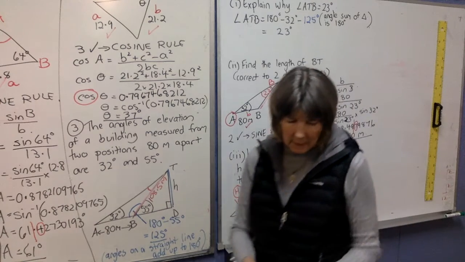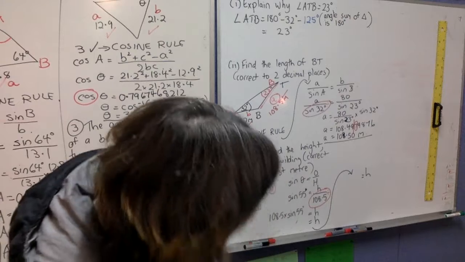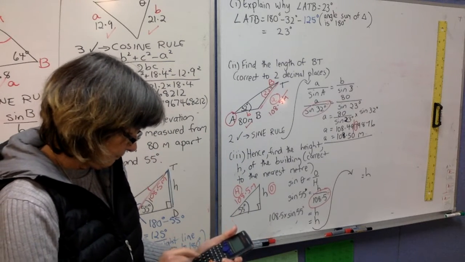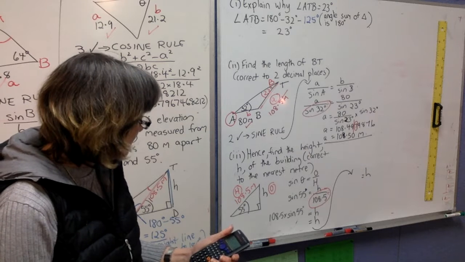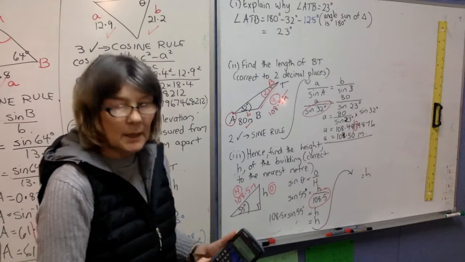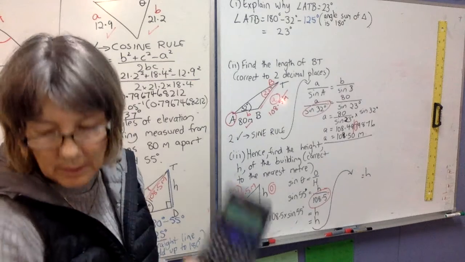Okay, so let's have a look. Just type in what you see. 108.5 times sine 55. Close the bracket, press equals, and there's our answer. Write it down.